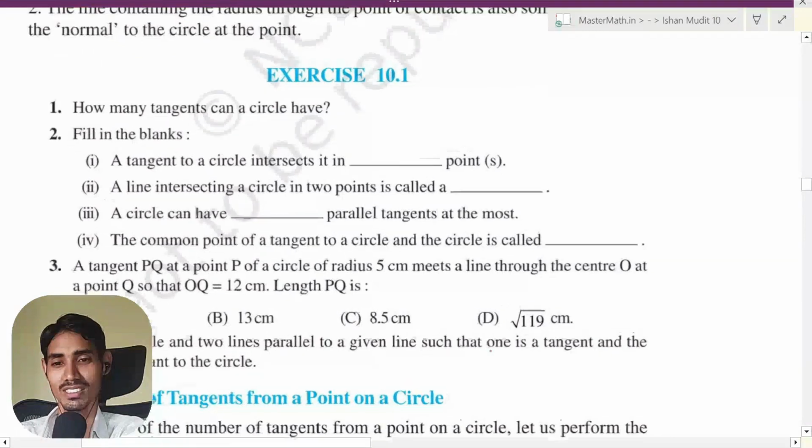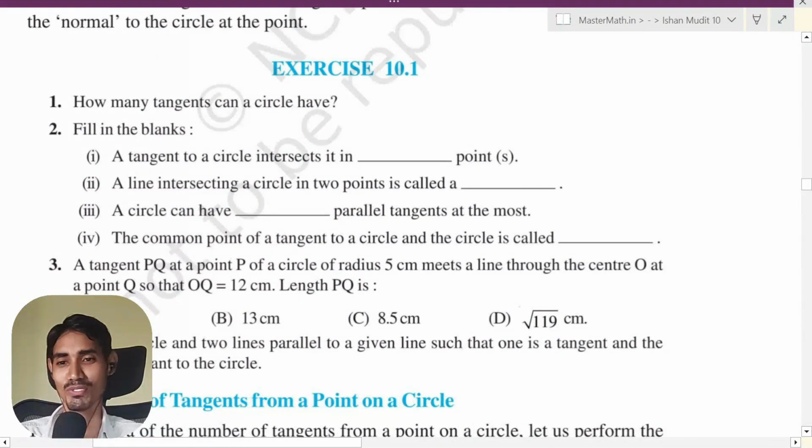Again, very difficult questions. I will ask one by one. First question, Mudit, although you answered this. What's the answer? It's infinite. Okay. Second, first part, Mohita.